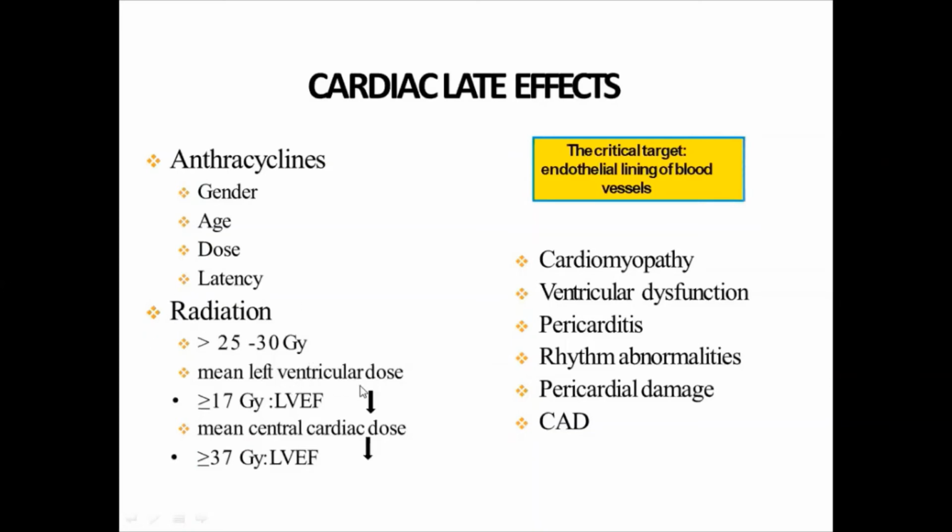A mean left ventricular dose of more than or equal to 70 gray reduces the left ventricular ejection fraction, and a dose of more than or equal to 37 gray to the mean central cardiac dose also reduces the left ventricular ejection fraction. What are the other cardiac late effects that we can see? Cardiomyopathy, ventricular dysfunction, pericarditis, rhythm abnormalities, pericardial damage, and coronary artery disease.